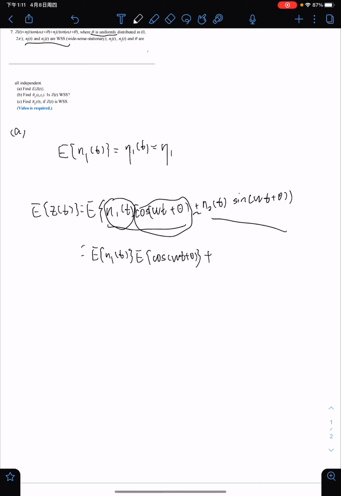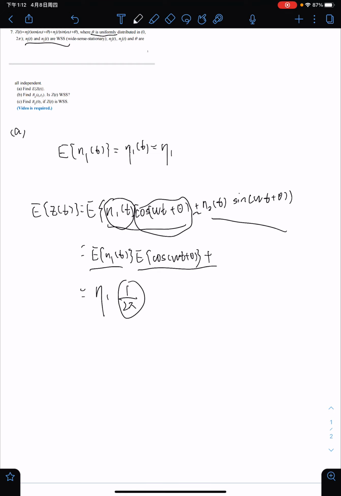The second part is the same. And we know that this is mean 1, and the second part we can use the definition to calculate it.